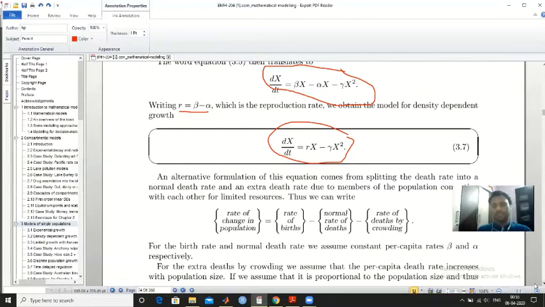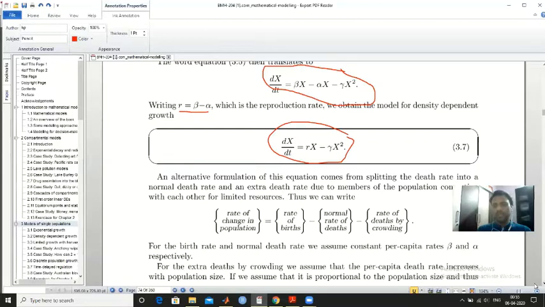Yes. So think about it for some time. In all the previous models we have discussed, the right hand side was linear.